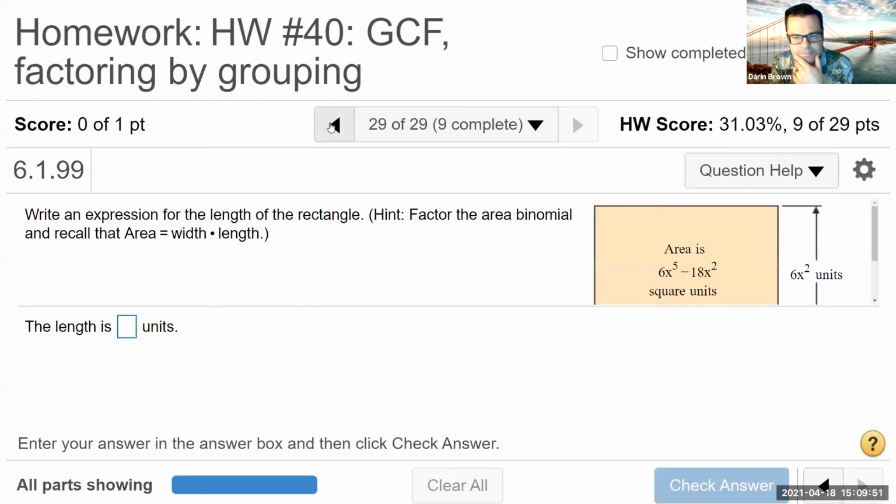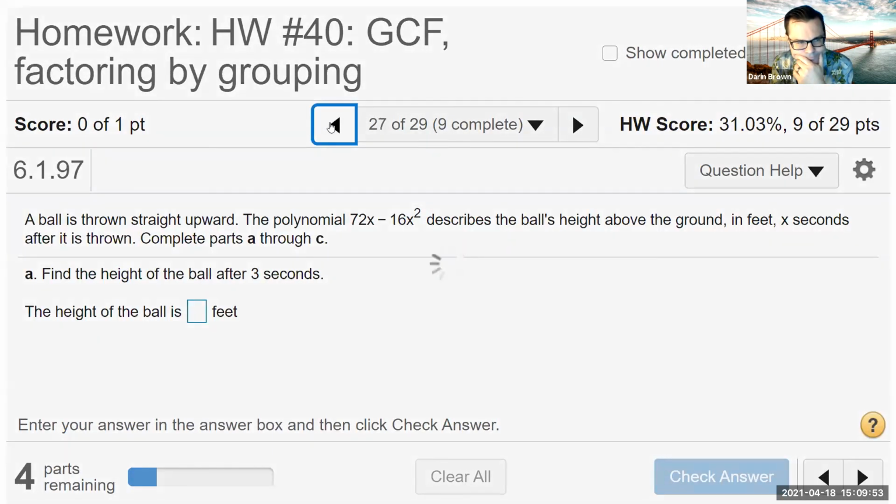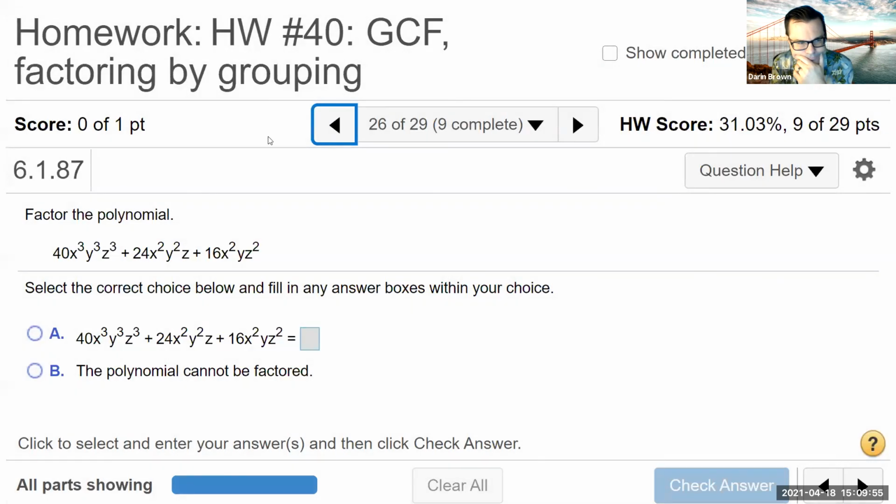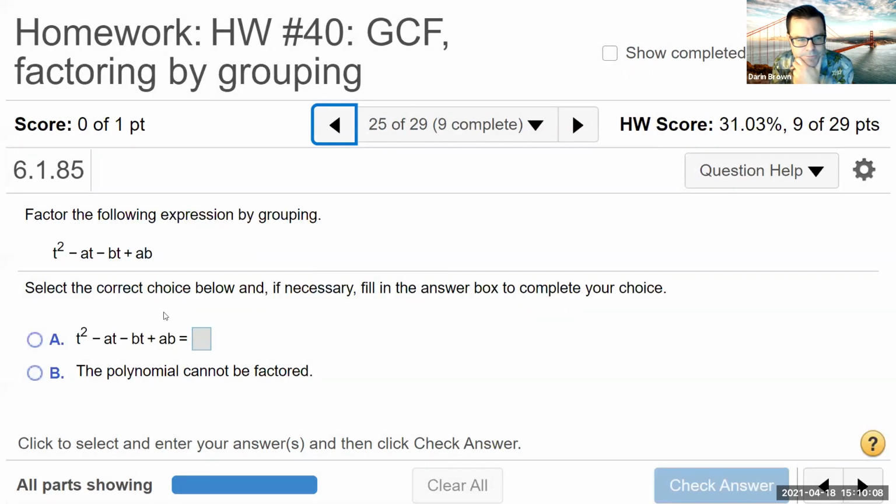Okay, let's look at this one. Actually, this one is just a GCF one, isn't it? No, let's do this one. So we'll finish up with this one.